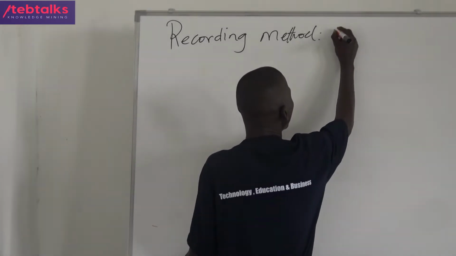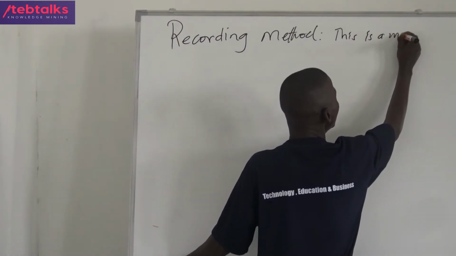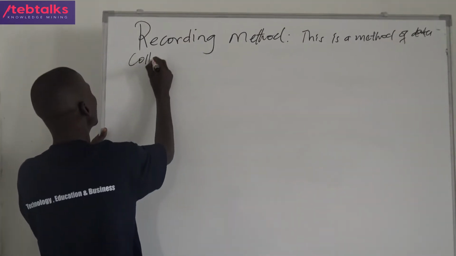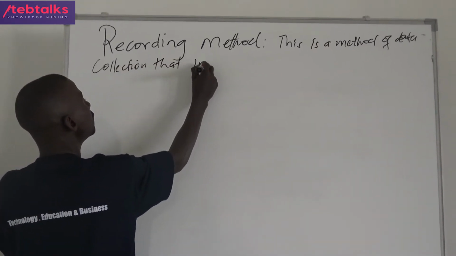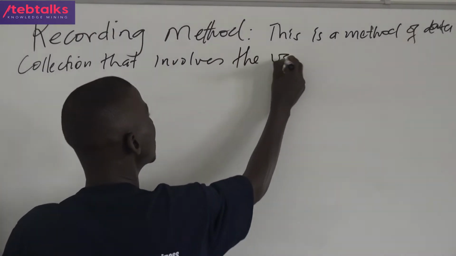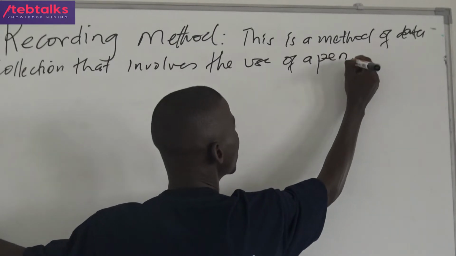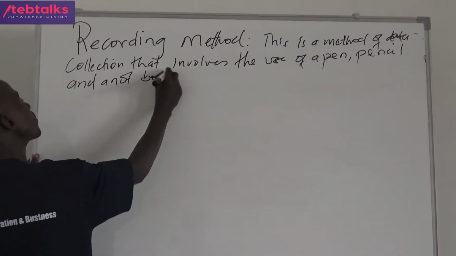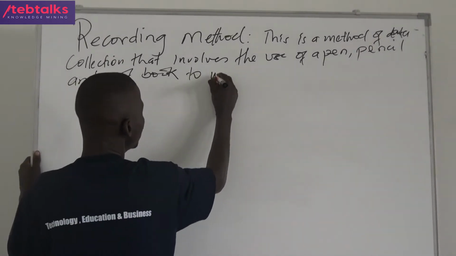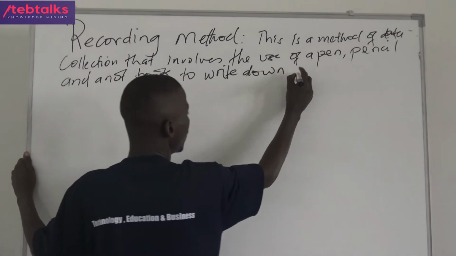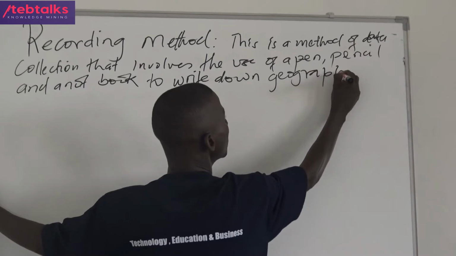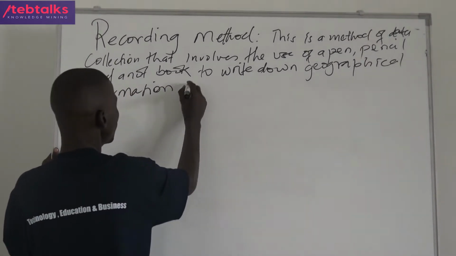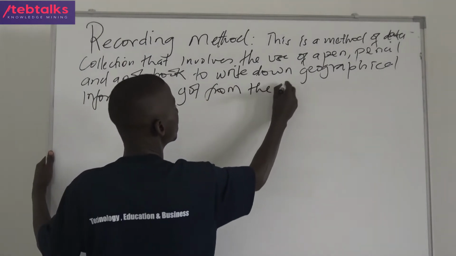So you define it by saying that this is a method of data collection that involves the use of a pen or pencil and a notebook to write down geographical information got from the area of study.